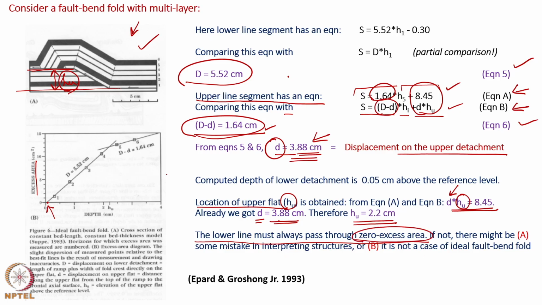But if the lower line does not pass through the 0 excess area, we may see a few cases. This might be due to some mistake in interpretation of the structures, that this interpreted structure itself is problematic, or it is not a case of ideal fault bend fold.